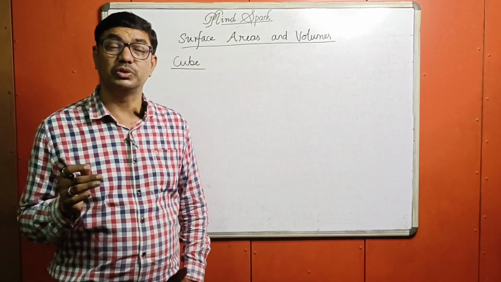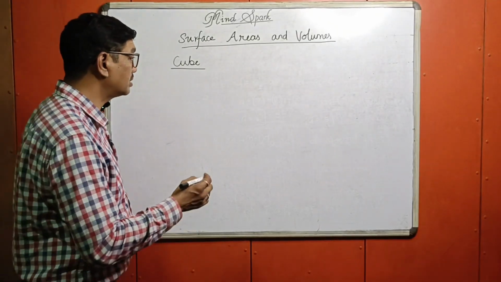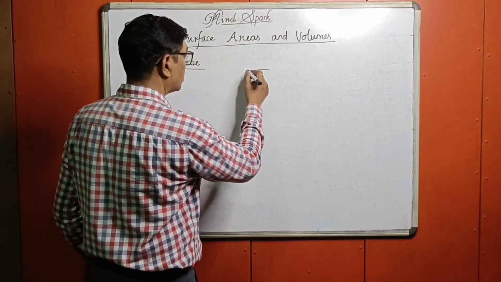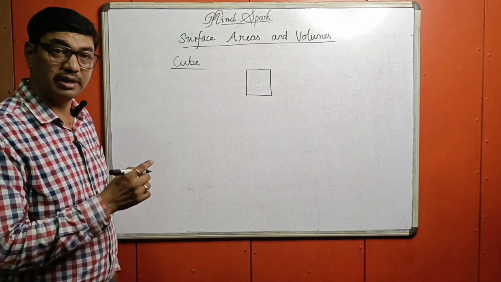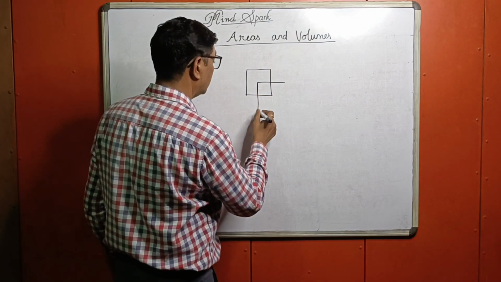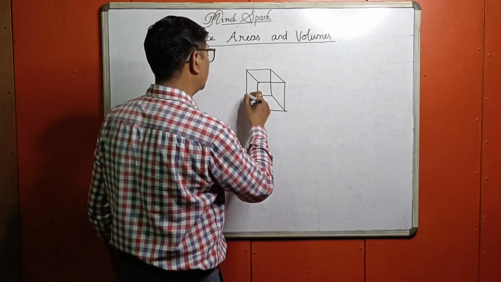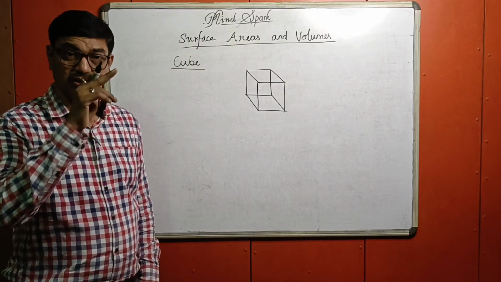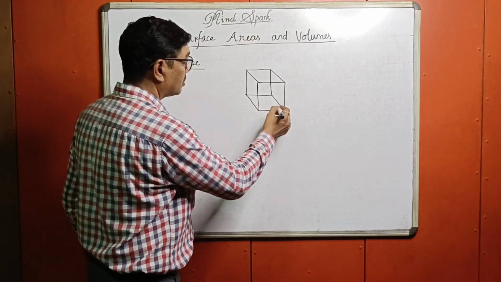Before entering into this chapter, you should know certain information. For example, the cube. How to draw a cube: approximately draw a square, then find a dot, from there move an equal distance, approximately. It's easy to draw a cube. I drew the first square, and approximately at the middle point I draw another square and join them.